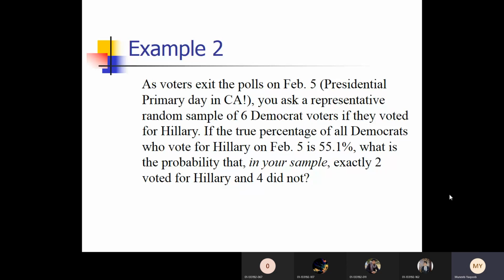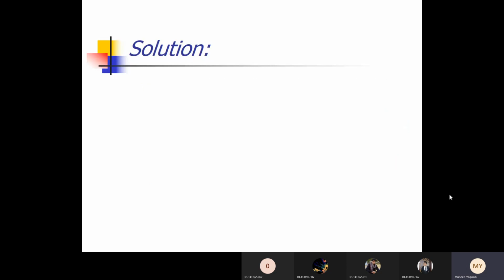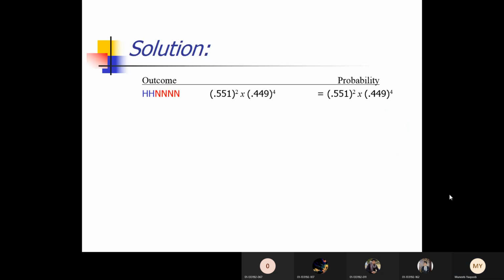So now if we want to calculate the probability for this experiment, and we go one by one identifying different possibilities, it could happen that the first 2 voters cast their vote for Mrs. Clinton, while the rest of the 4 voters have not. Similarly, one option is that after the first voter, the next 2 voters have cast their vote for Mrs. Clinton, while the rest had not.